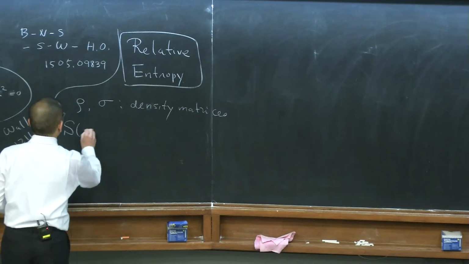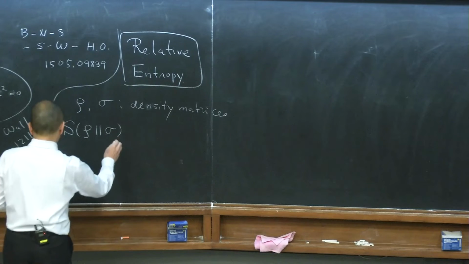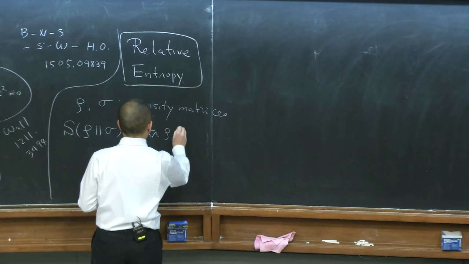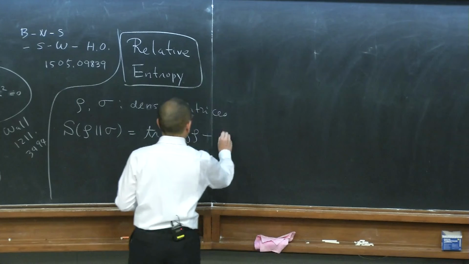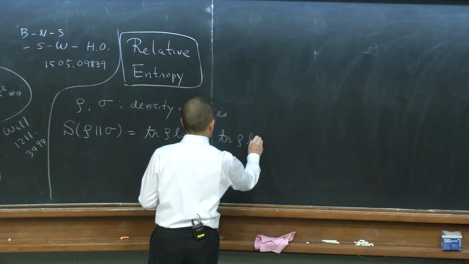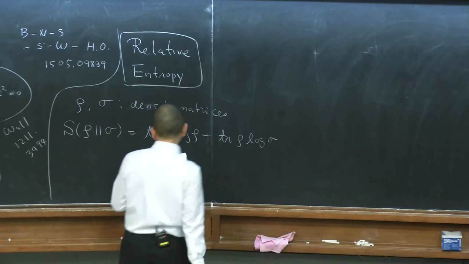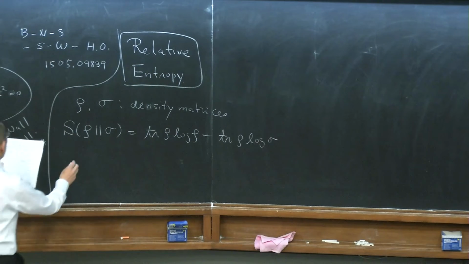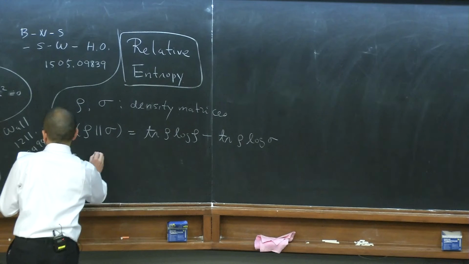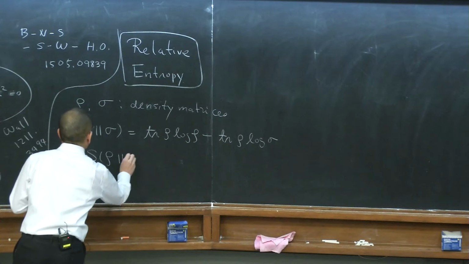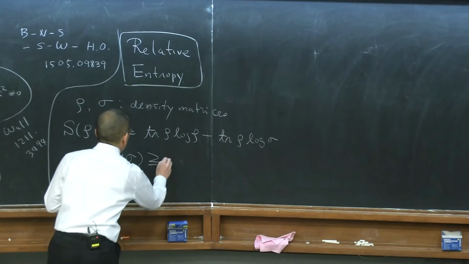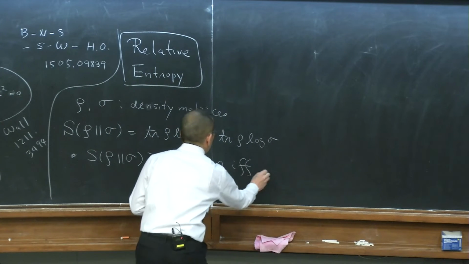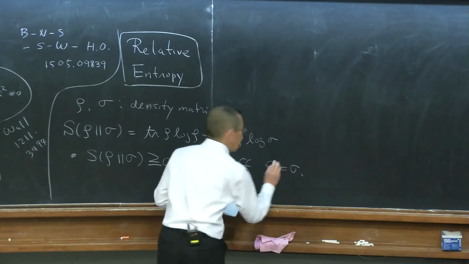So relative entropy is defined as trace of rho log rho minus trace of rho log sigma. So this is the relative entropy. And it has various important properties. I think that one of the fundamental properties is that this is non-negative and is equal to 0 if and only if rho is equal to sigma.